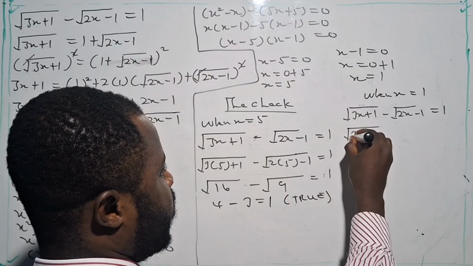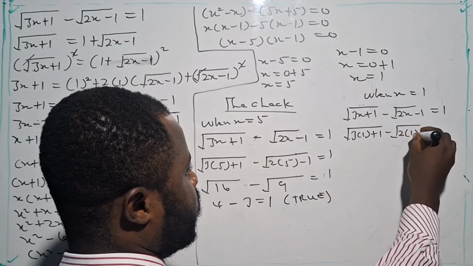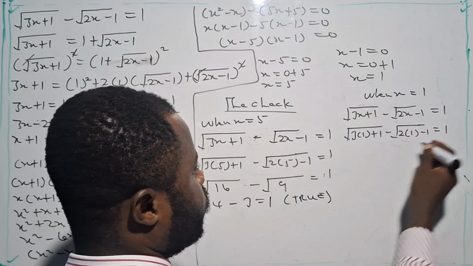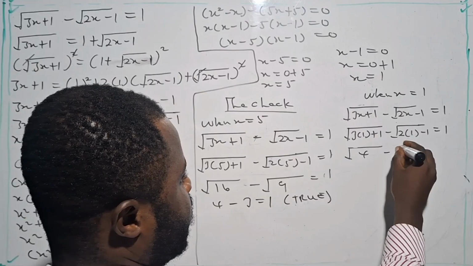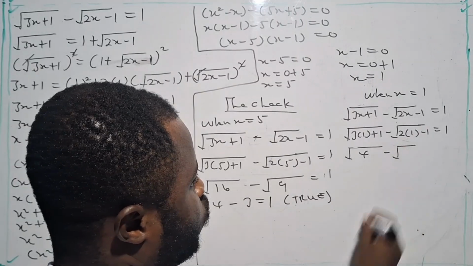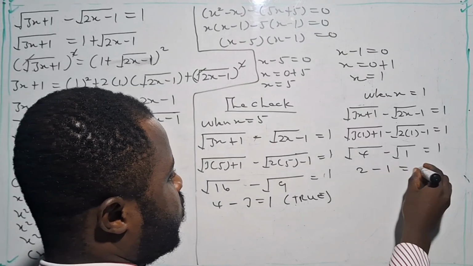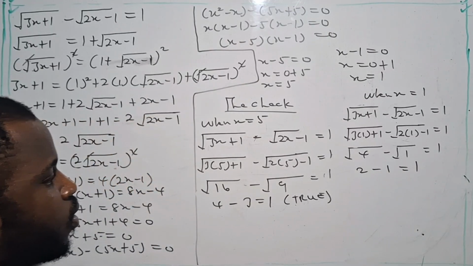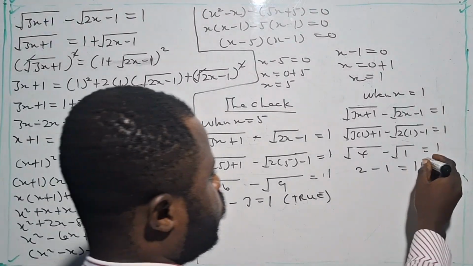Let's put it back and see. 3 times 1 is 3, plus 1 is 4, minus 2 minus 1, which is 1, equal to 1. So 2 minus 1 equal to 1. Yes, 2 minus 1 equal to 1. So this is also true.